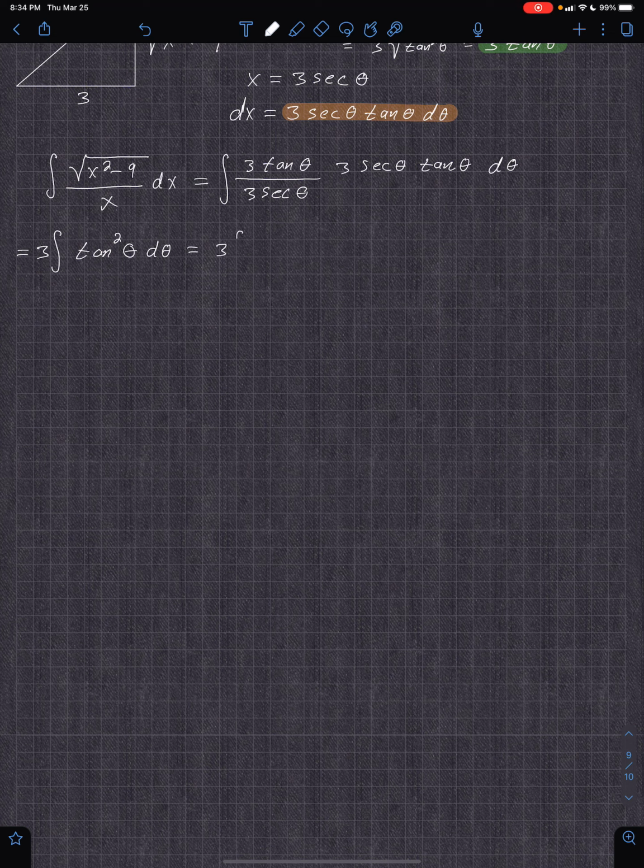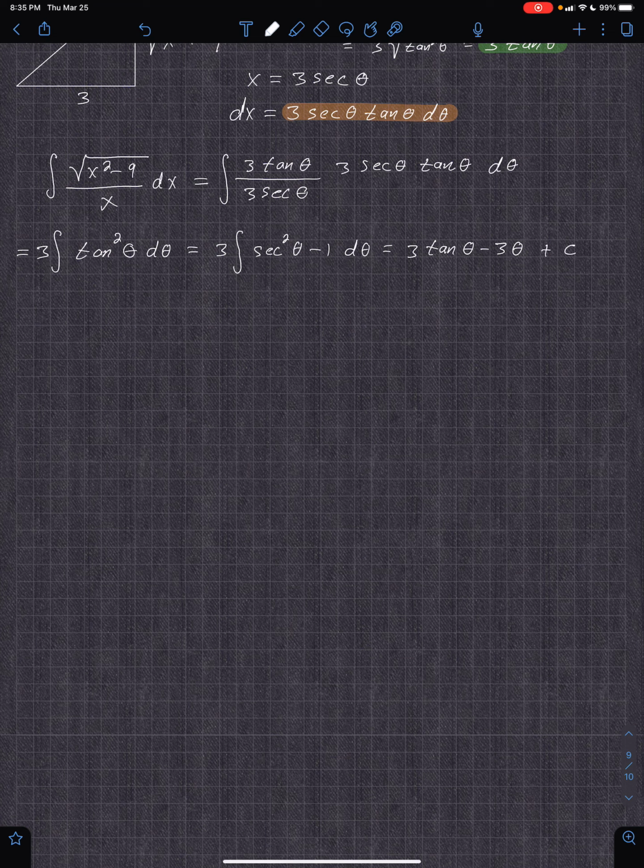So it's 3 times the integral of secant squared theta minus 1 d theta. It's pretty much there. The antiderivative of secant squared is tangent, and then you get a 3 theta. So we get 3 tangent theta minus 3 theta plus c.